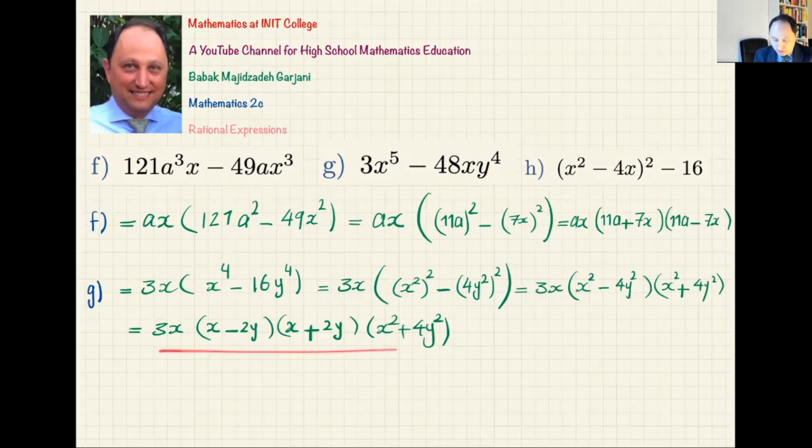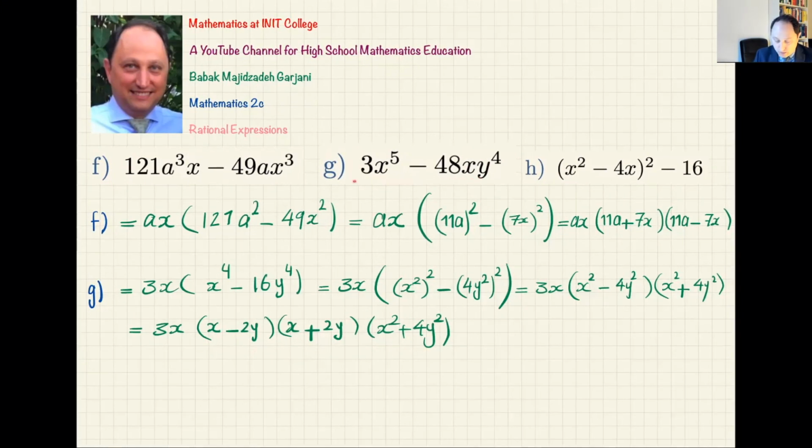Definitely, if you multiply this back and spend a lot of time, you will get the same answer. So that is not the goal. The goal is to write your expression in a product form, even if the product form is more complicated, longer, more tedious than the original one. Don't worry about that. Here, simplification is not the point. Writing the expression as a product form is the point.